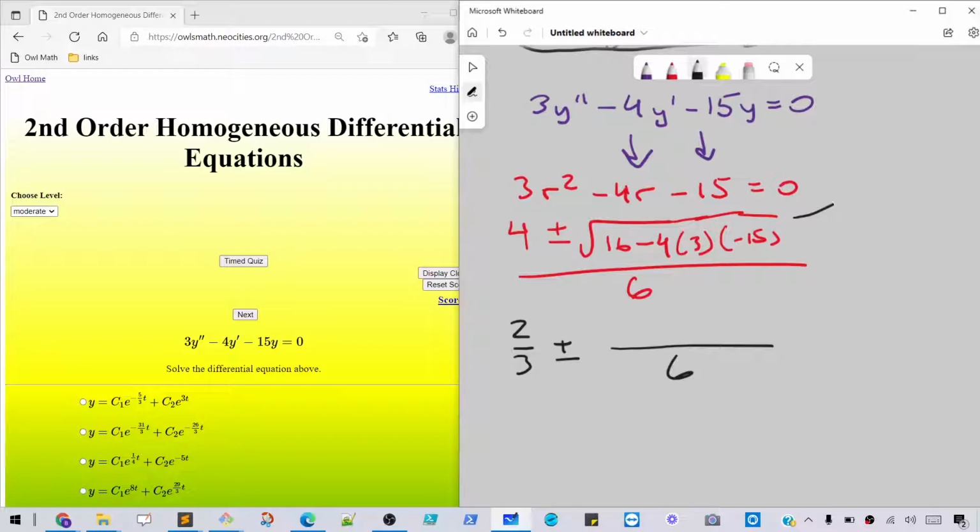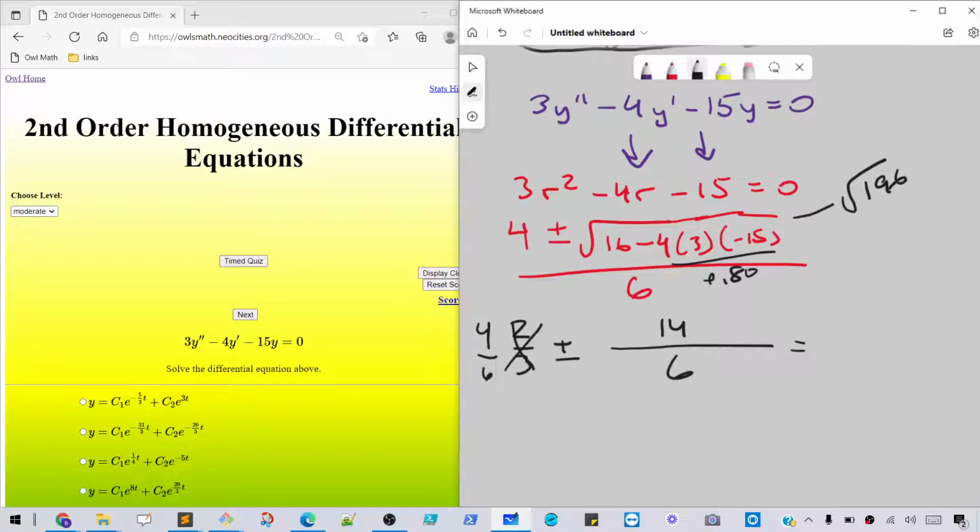What is this big thing? That's going to be 180. This here is going to be 180, and then that's a plus sign. So we're going to end up with the square root of 196. But the square root of 196 is just 14. Let's just write this as 4/6.